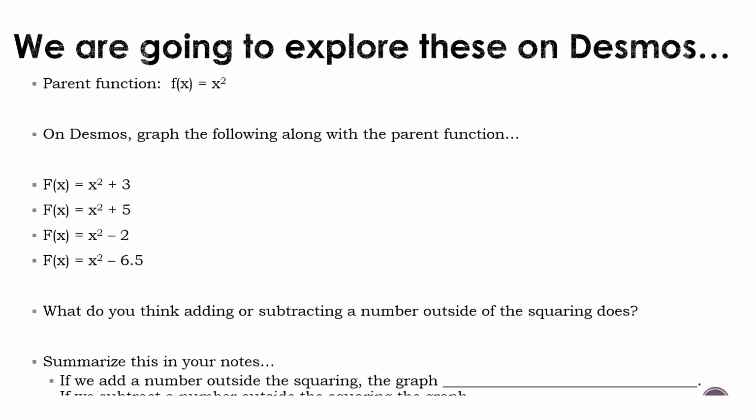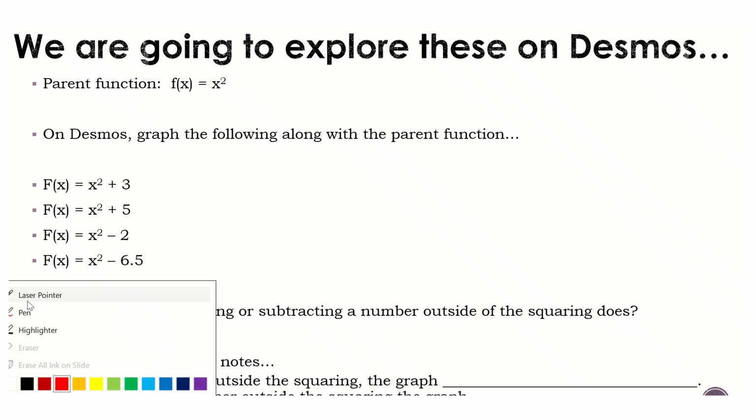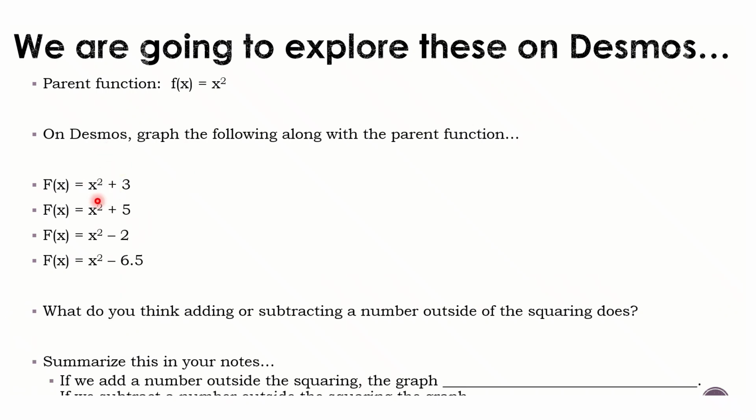What do you think adding or subtracting a number outside the squaring does? By that, what I mean is the adding or subtracting is outside of the squaring. So you have the x, the squaring, you finish the squaring, and then you add or subtract a number. Then you're going to summarize that in your notes.